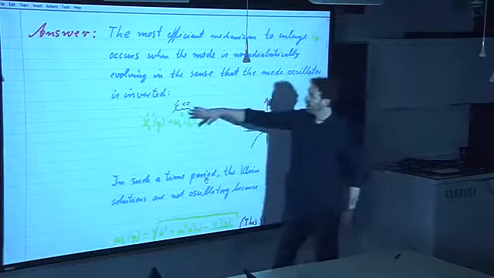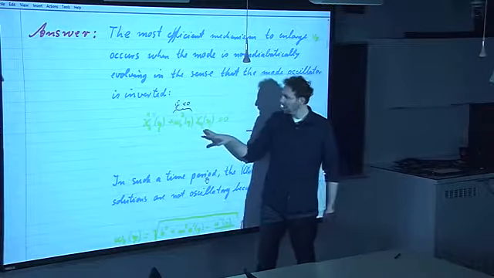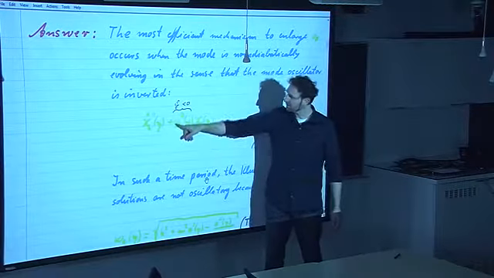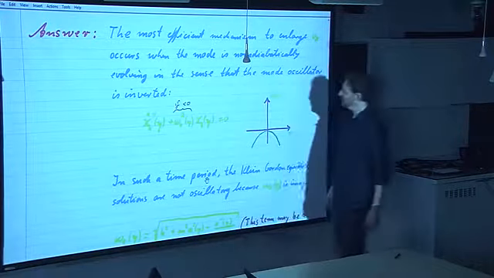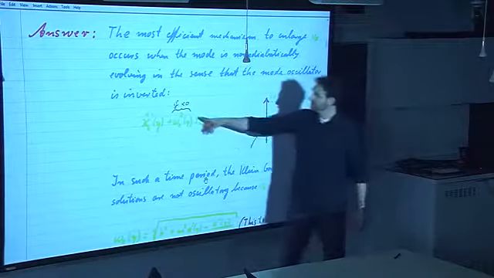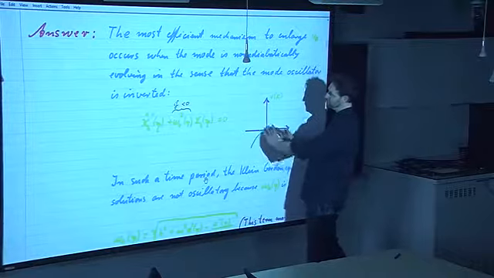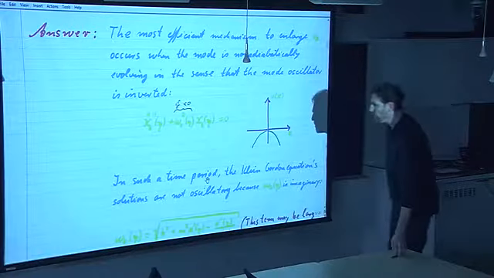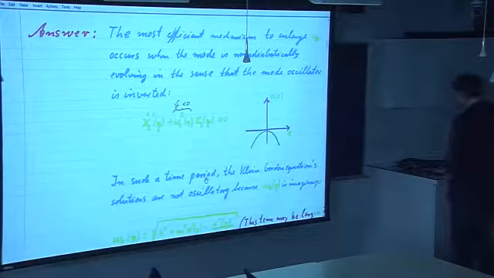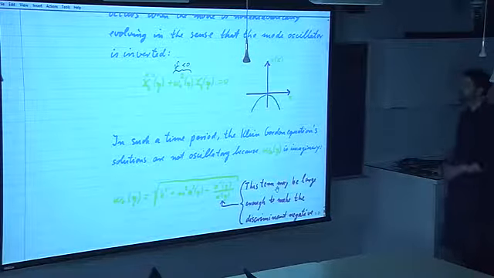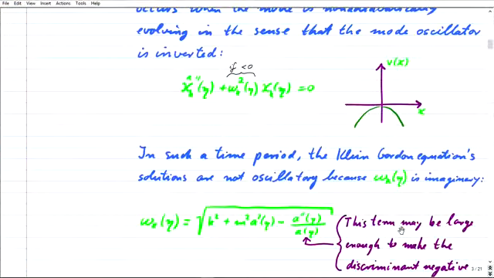So for the chi field, each mode obeys this harmonic oscillator equation, where this is the frequency squared. And if the frequency squared goes negative, then it corresponds to a harmonic oscillator whose potential is downwards. In such a time period, the Klein-Gordon equation solutions are no longer oscillatory.